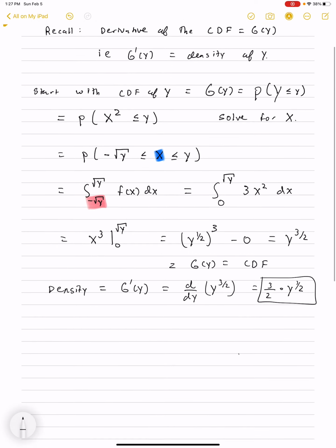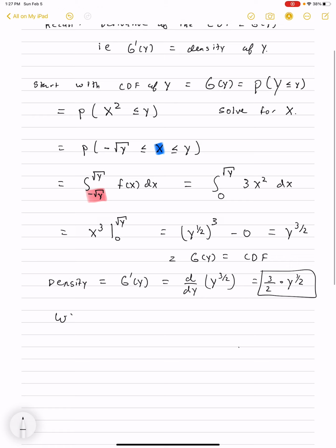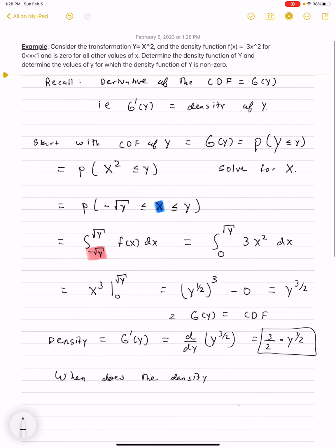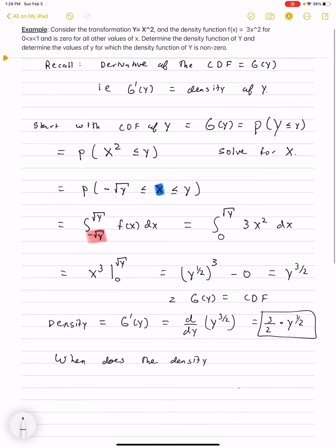Okay, when does this apply? I mean, after all, it's not sufficient to give me a density and then to calculate probabilities. I need to know for what values of y. That was crucial here. It said our density was 3x squared for x between 0 and 1.